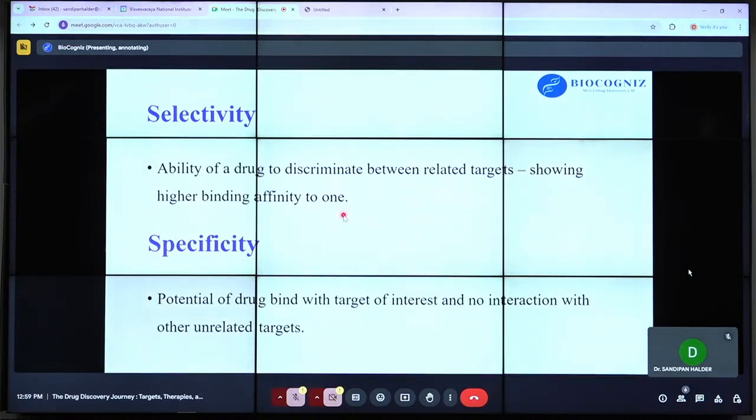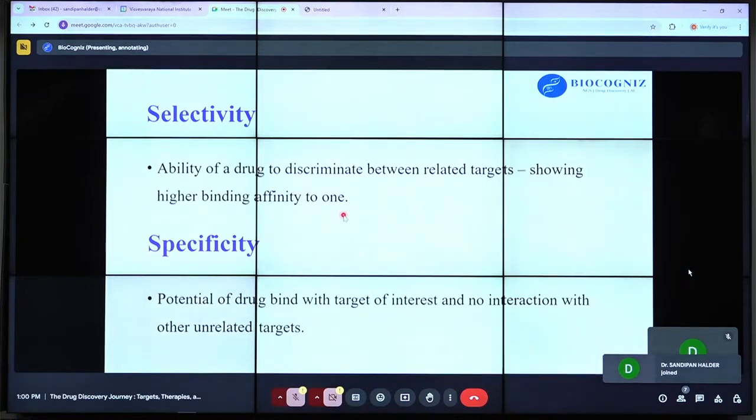If you just go to a pharmacy and get any medicine and check the pamphlet, you can see that it will all have some kind of side effects. There is no drug available as of now which has zero side effects. To me, the difference is only less or more side effects. The problem is that it's not specific and selective. That is the reason.